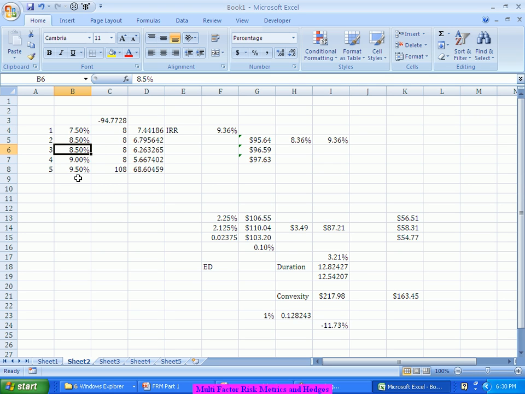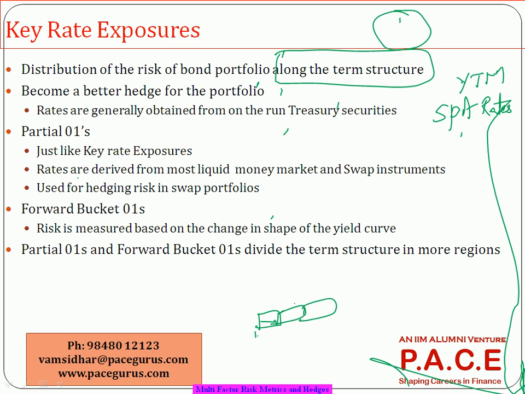And if I am finding out the DV01 associated with that, I call it a key rate 01. The same equivalent of DV01, when I take it to the spot rate terminology, I call it key rate 01. The duration, if I carry it on to this spot rate terminology, I call it a key rate duration.